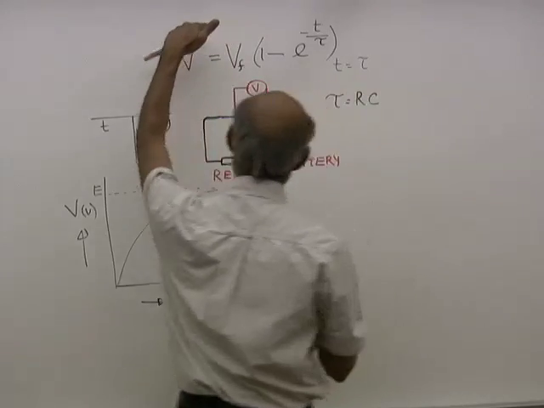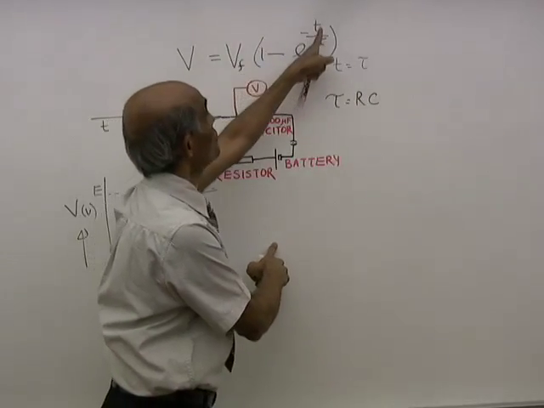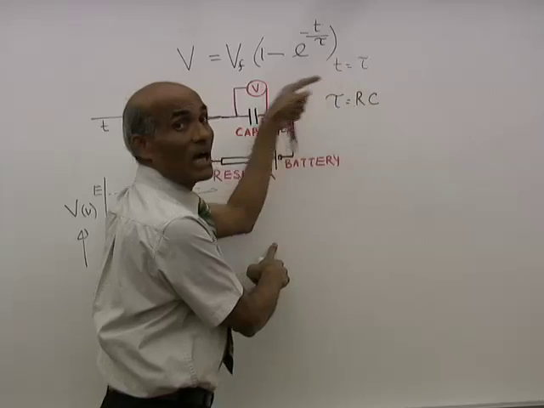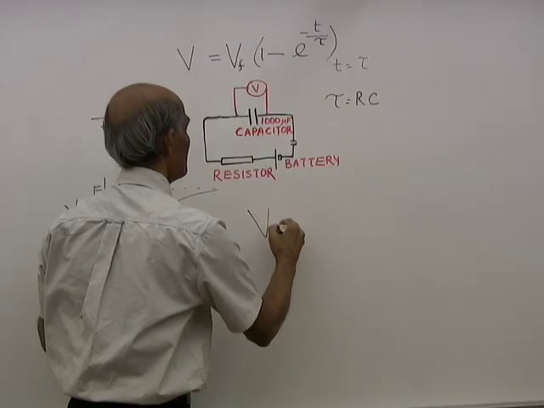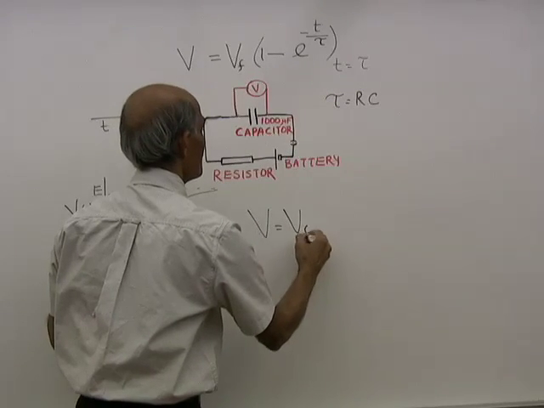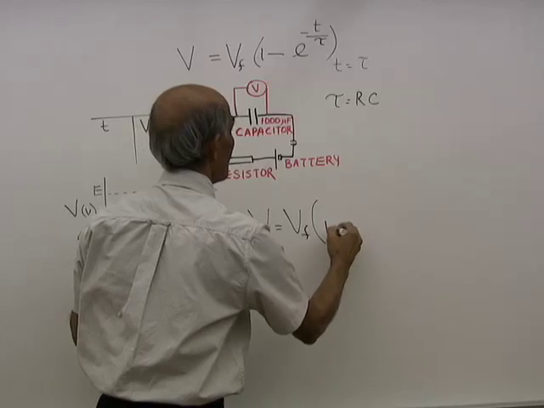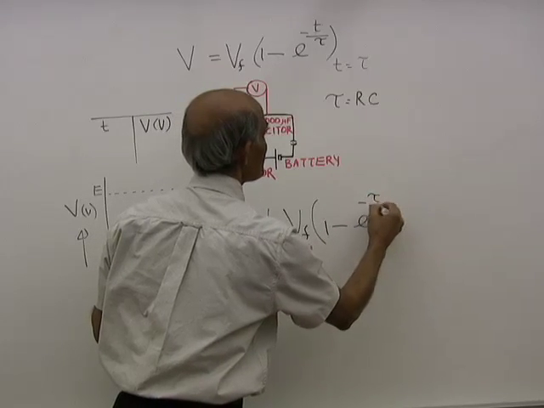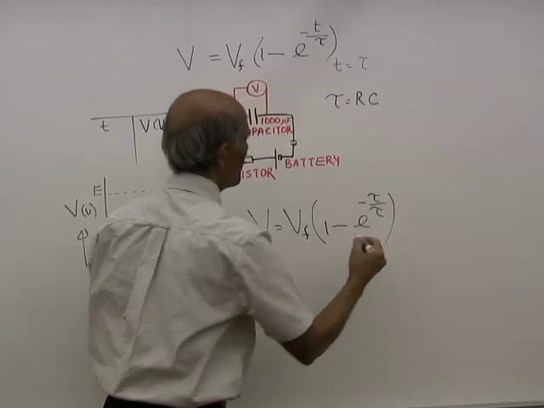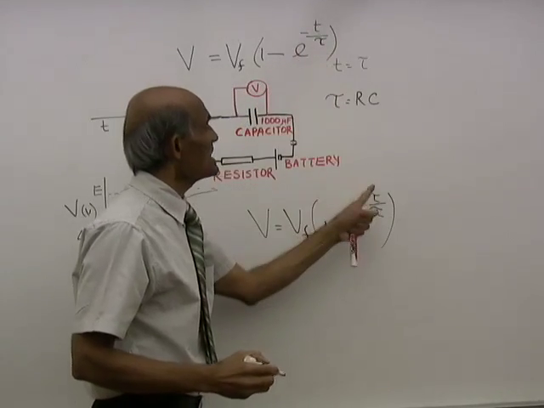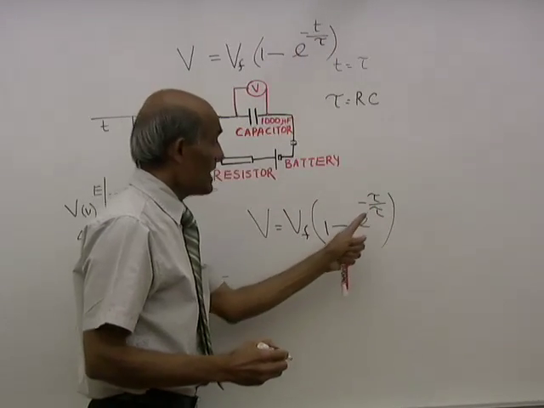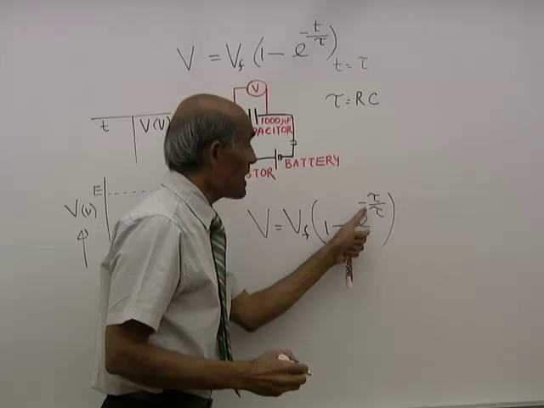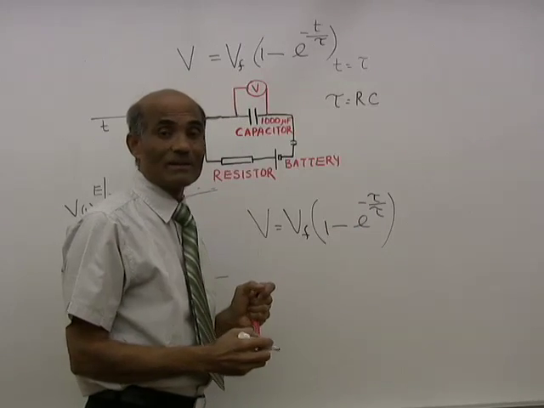I'm going to write that over here using t equal to tau. Then I can write V equal to Vf times 1 minus e to the power of negative tau over tau. So I replace that t with tau. And now this is e to the power of negative 1.